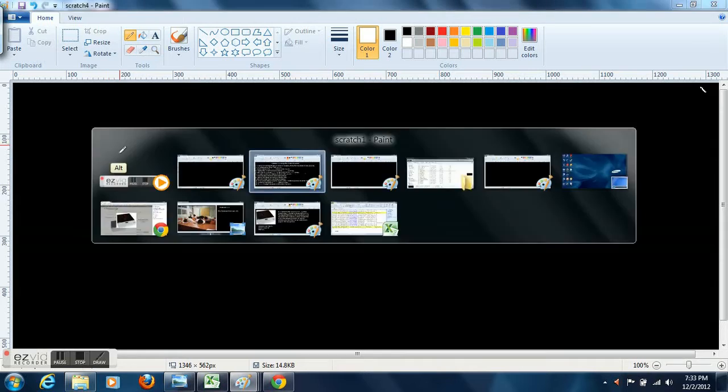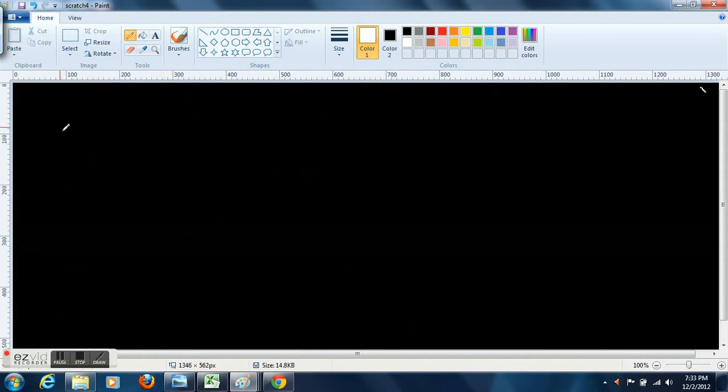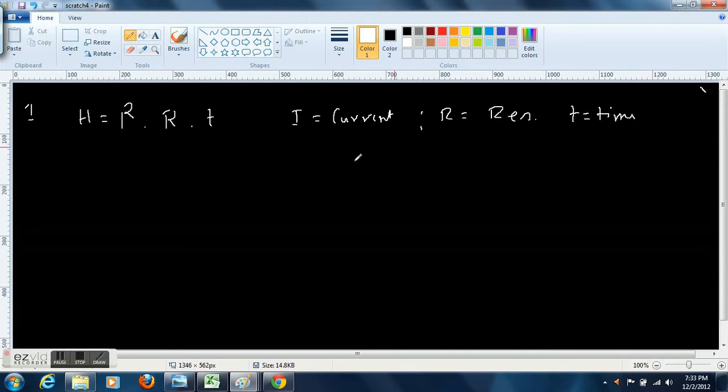The formula for heat produced is H equal to I to the power 2 into R into T, where I equal to electric current in ampere, R equal to resistance in ohms, and T equal to time in second.